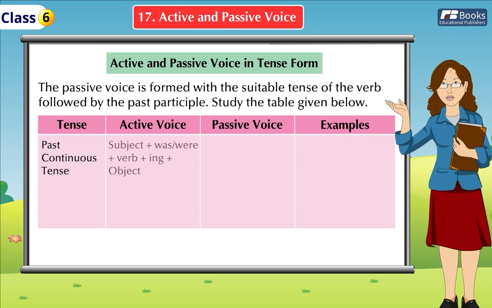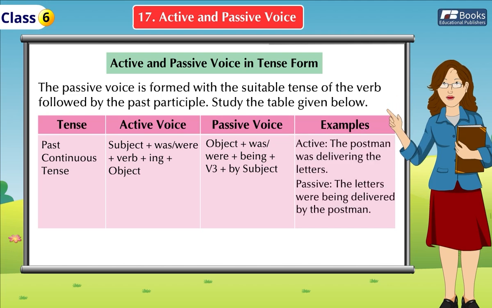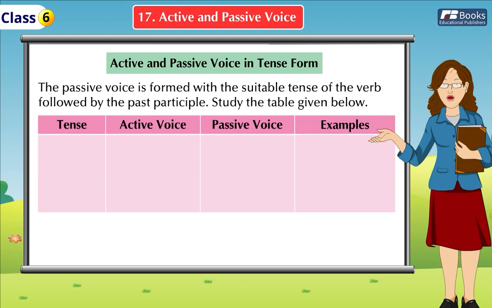Active voice: subject plus was, were plus verb plus ing plus object. Passive voice: object plus was, were plus being plus verb third form plus by subject. Examples. Active: The postman was delivering the letters. Passive: The letters were being delivered by the postman.